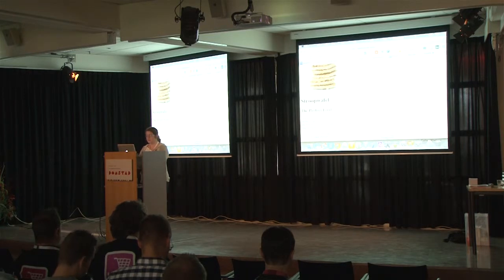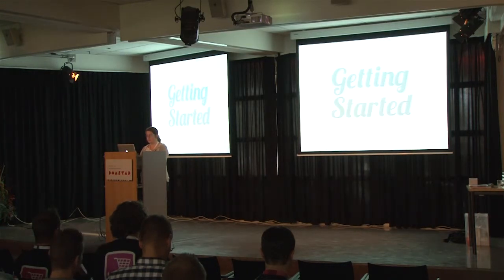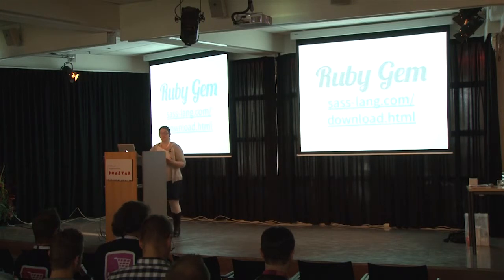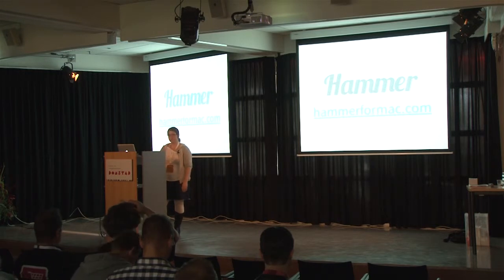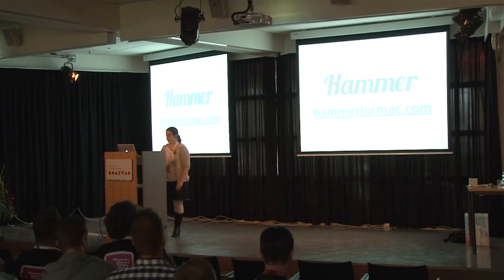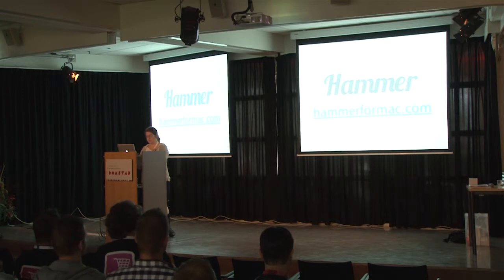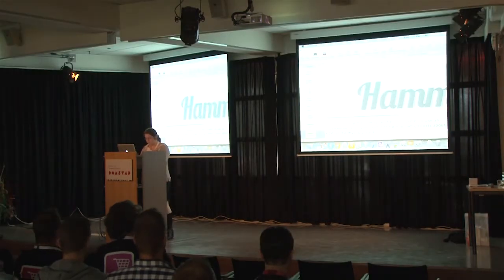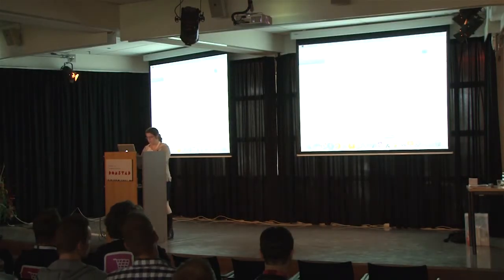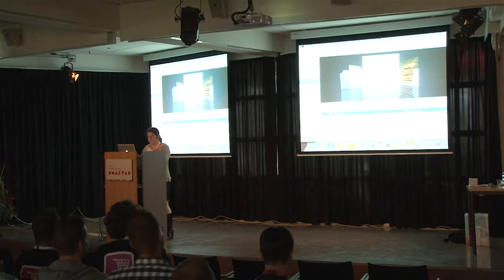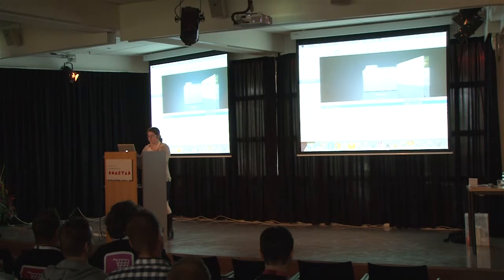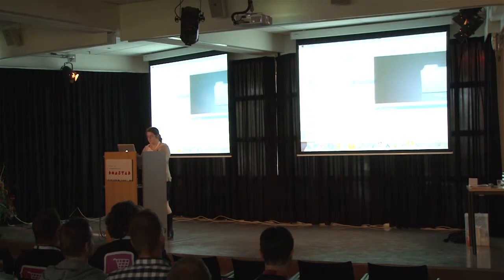Now you can install Sass as a Ruby gem and deal with it at the command line if you like. I actually use a different tool called Hammer for Mac, and I will show you that now. So here's Hammer. To get started, I'm just going to drag my whole project folder into Hammer.